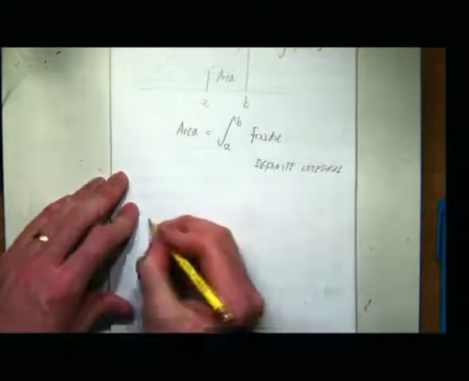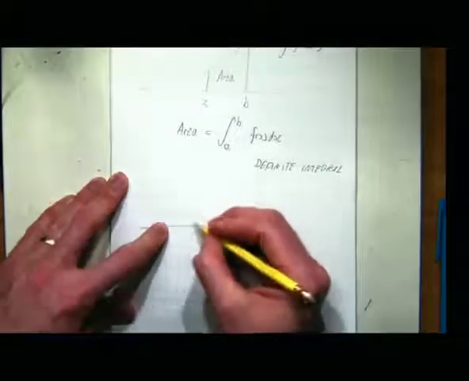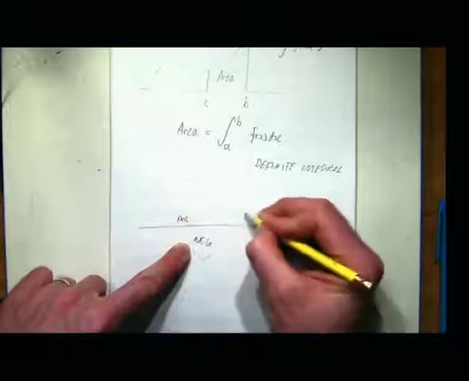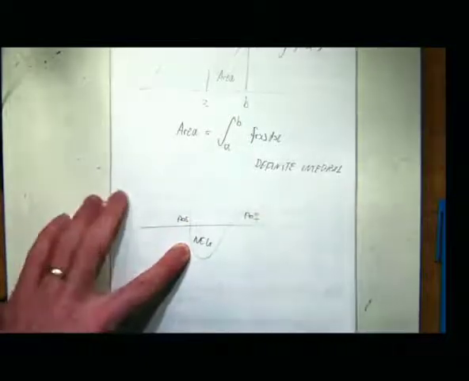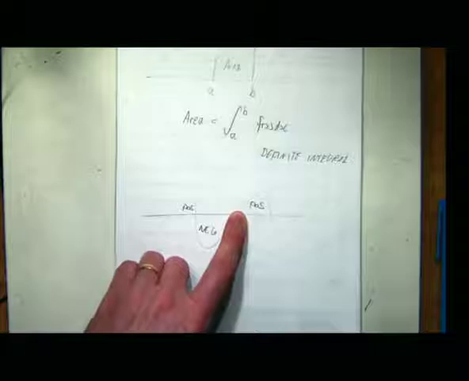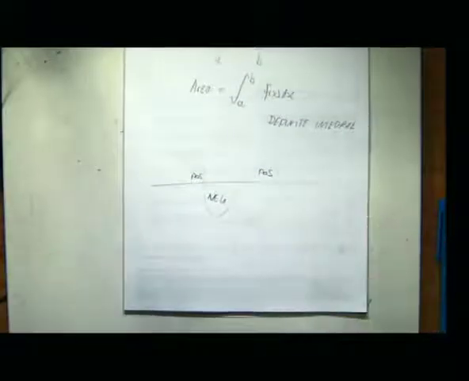So if you have something like this, then this area is negative, and this area is positive, and this area is positive. So if you did the integral from say here to here, the answer would come out as a negative number because that bit's below the x-axis. So that's just an important thing to know about areas. If it's below the x-axis, it's negative.